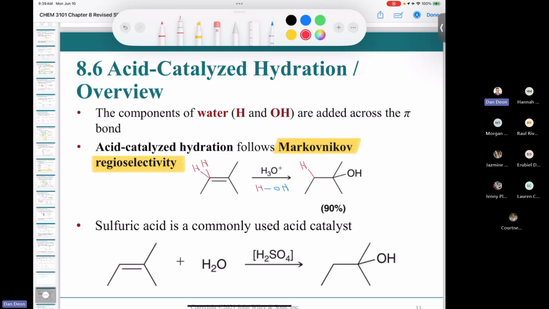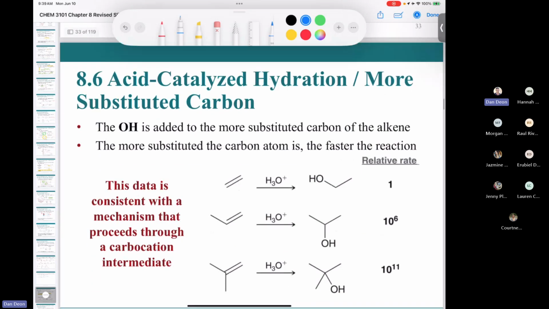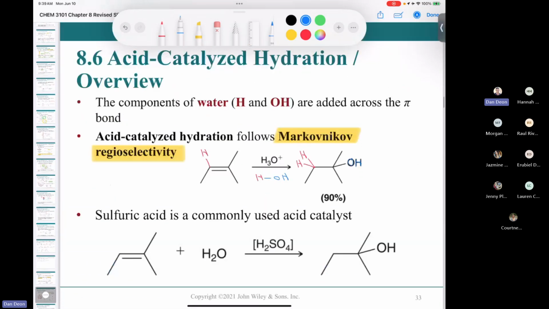So now it's, sorry, that's a pentavalent carbon. Mr. Dion needs another coffee. So you end up with two hydrogens, and the other carbon is the one that takes the hydroxyl group. So the same old Markovnikov regioselectivity, and you're going to see that the mechanism gives you the same rationale, right? The proton is going to be added so that you end up with the most stable carbocation.